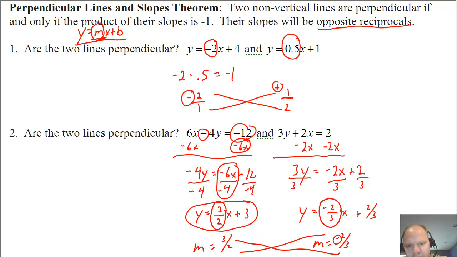So the product of their slopes should be equal to -1, which means that they are perpendicular to each other. So these are perpendicular lines. Just to show that, let's multiply those two slopes together and show that it equals -1. 3/2 times -2/3 gives me -6 over 6, which is equal to -1. It checks out. So those two lines would also be considered perpendicular to each other.